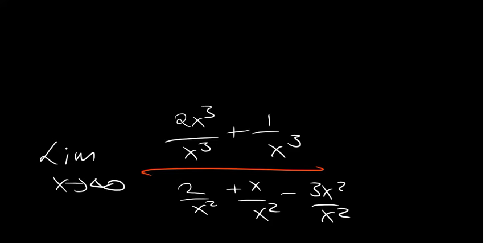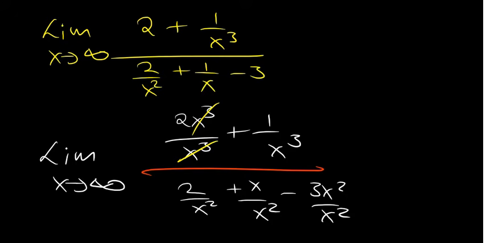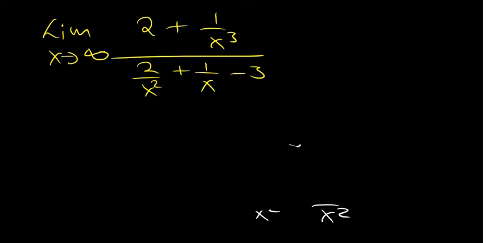So what this gives us is the limit as x approaches infinity. Now we have 2 plus 1 over x to the power 3, over 2 over x squared plus 1 over x and then minus 3. So we can distribute the limit now. Spare the constants.